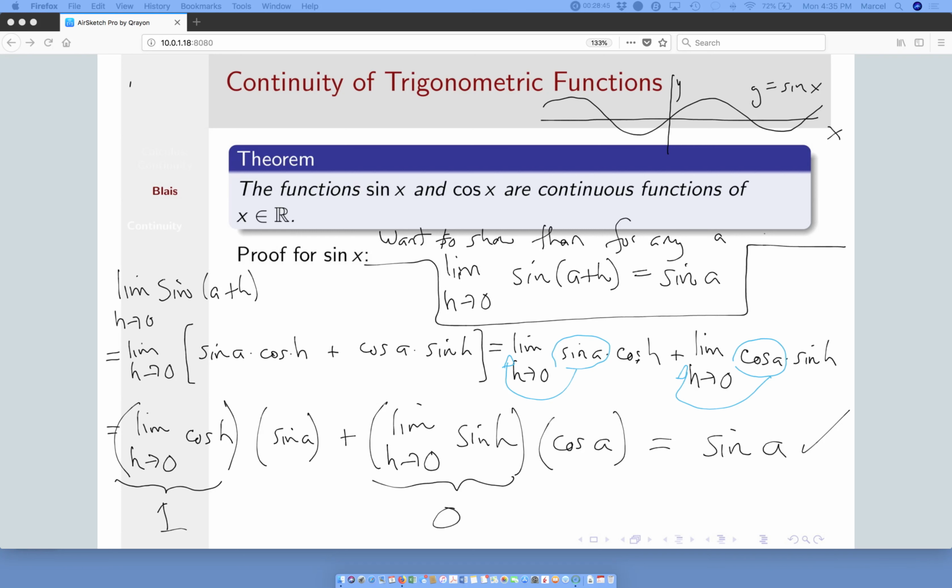So this is showing that the function sine of x, evaluated at a, sine of a, is equal to the limit as we hone in on a of sine of a plus h. So this gives us that sine is a continuous function. And again, cosine has a very similar proof to show that it is a continuous function.